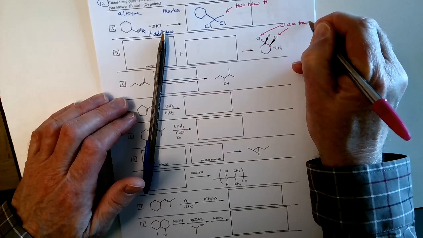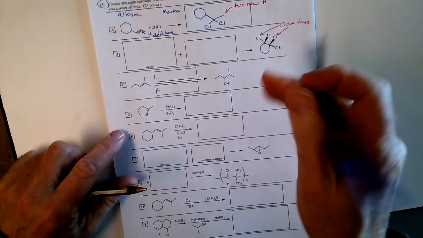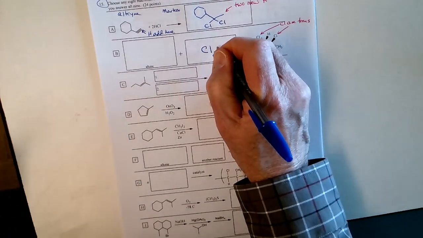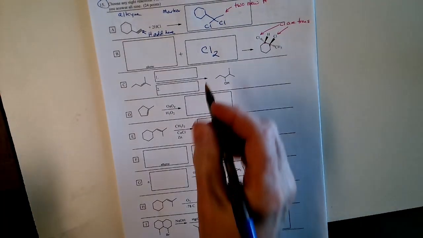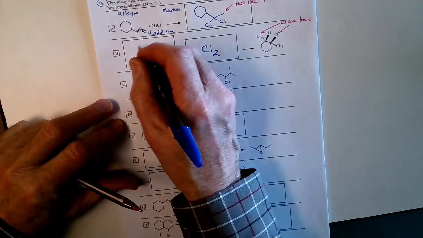One's up and one of them's down, which sure sounds an awful lot like you added Cl2 to an alkene. These big halogens add to an alkene, so one's up, one's down.